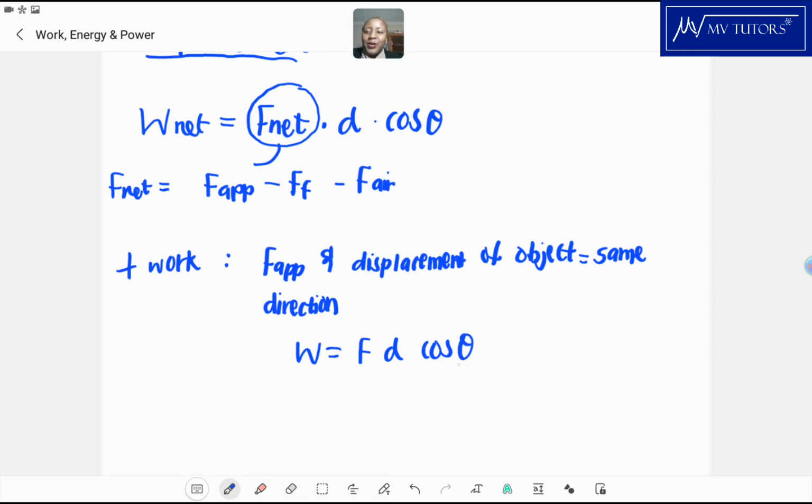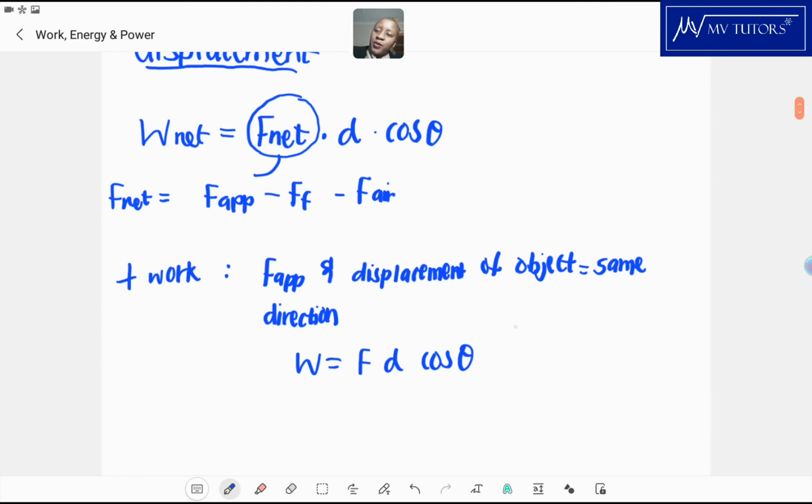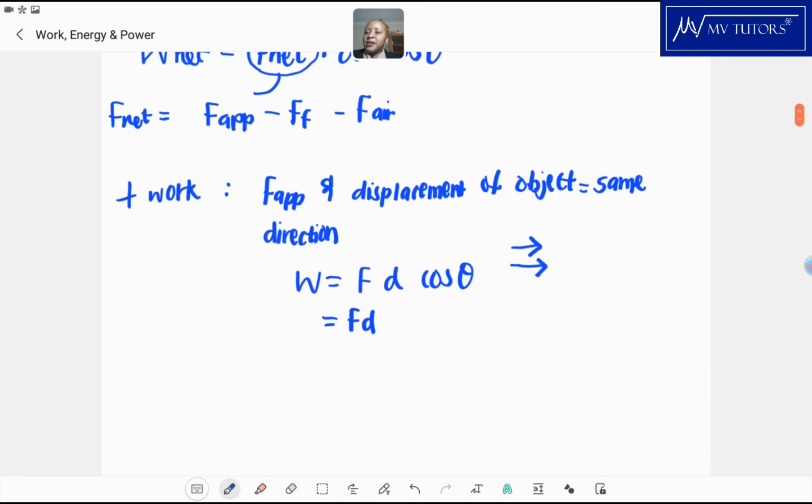Your angle is going to be 0. Agreed? Because your force is going in that direction and your object is also going in that direction, and there is no angle in between. If you check on your calculator, cos 0 is 1.